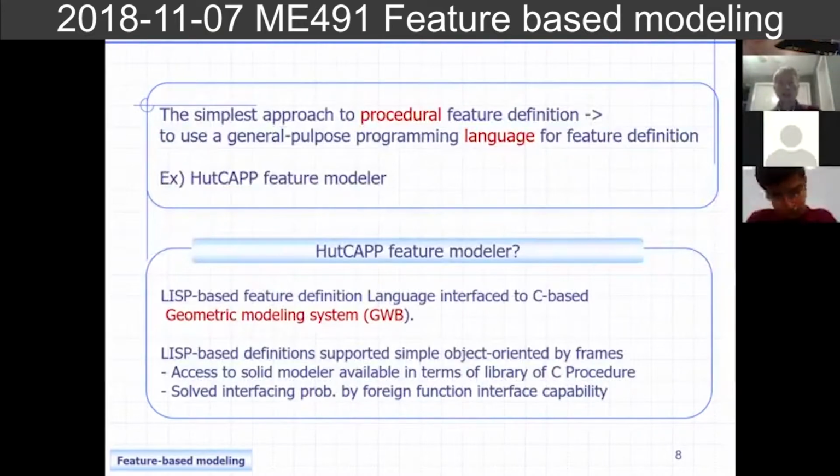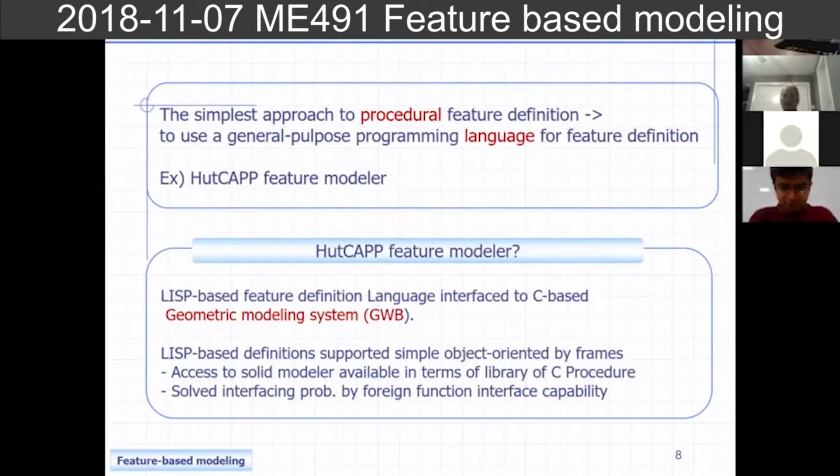You can say Transcad is a similar situation, in that it is specialized for translation. And HUT-CAPP can be seen as a specialized modeler for process planning.